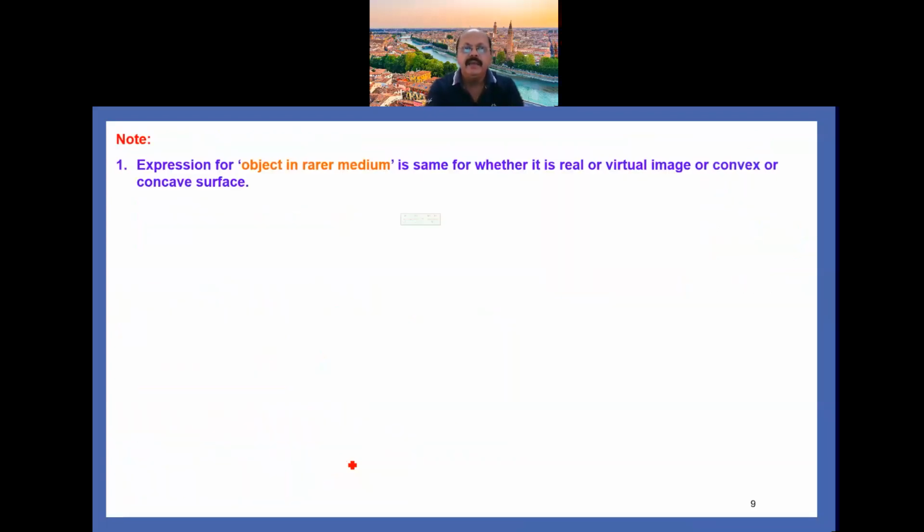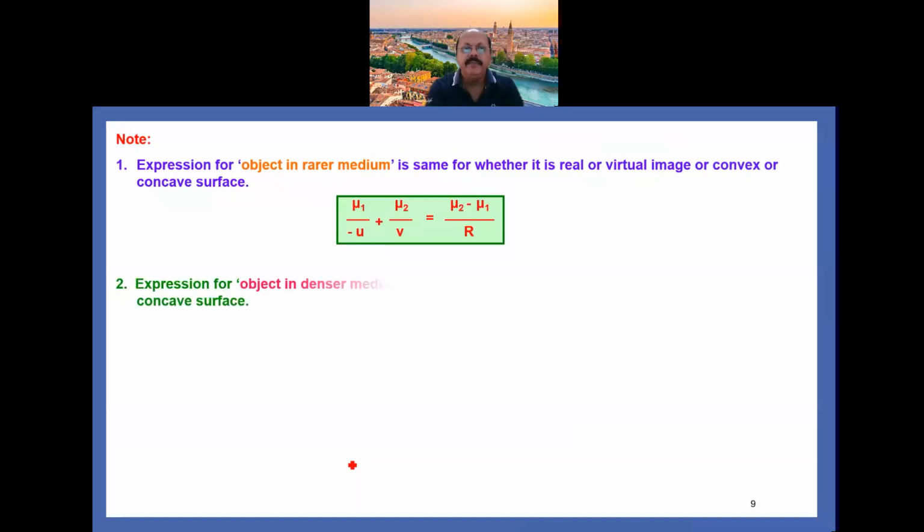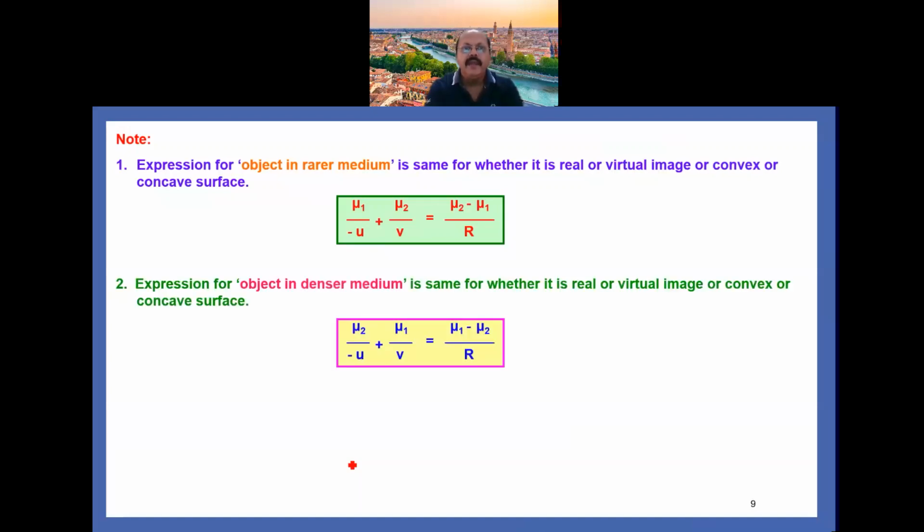Now here there are some important points. Expression for object in rarer medium is the same whether it is a real or virtual image, or convex or concave surface. As I already told you, that is mu1 upon minus u plus mu2 upon v equal to mu2 minus mu1 upon r.